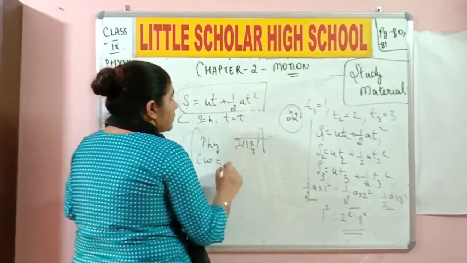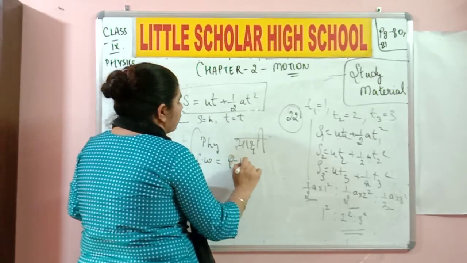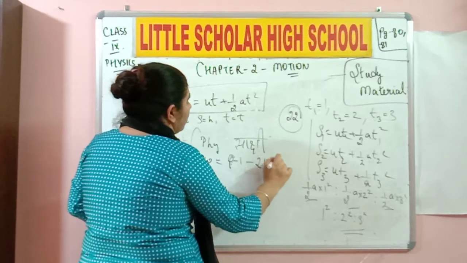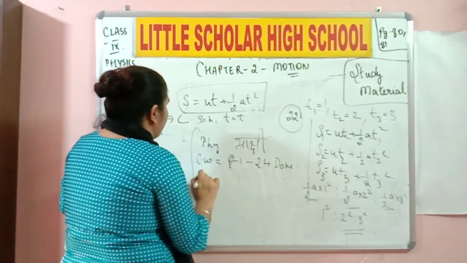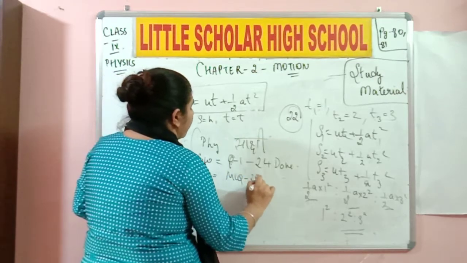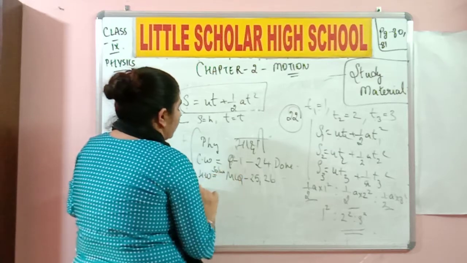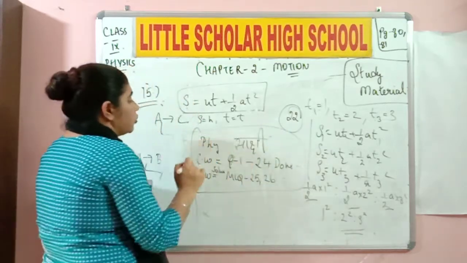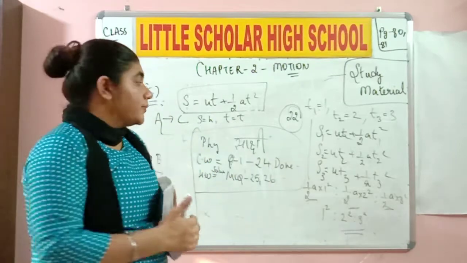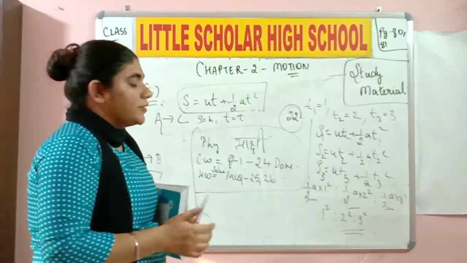Classwork is question number 1 to question number 24, done. And homework is MCQ 25, 26. If you can't see, I will read it out. We have done objectives from number 1 to 24, and 25 and 26 are given for homework.